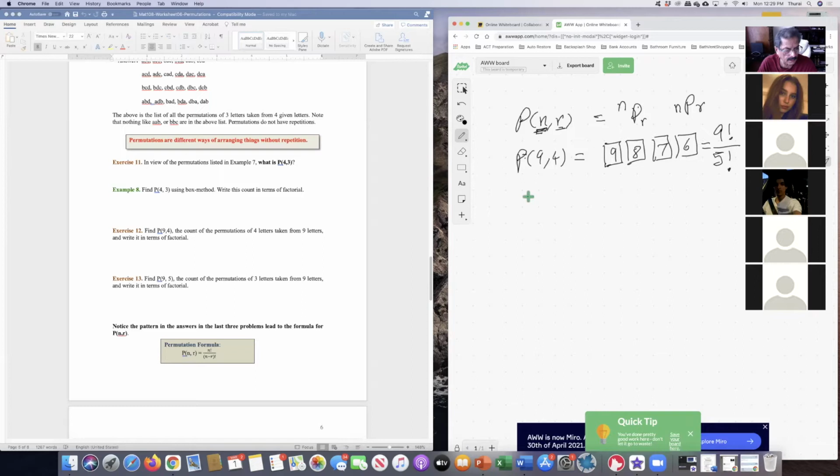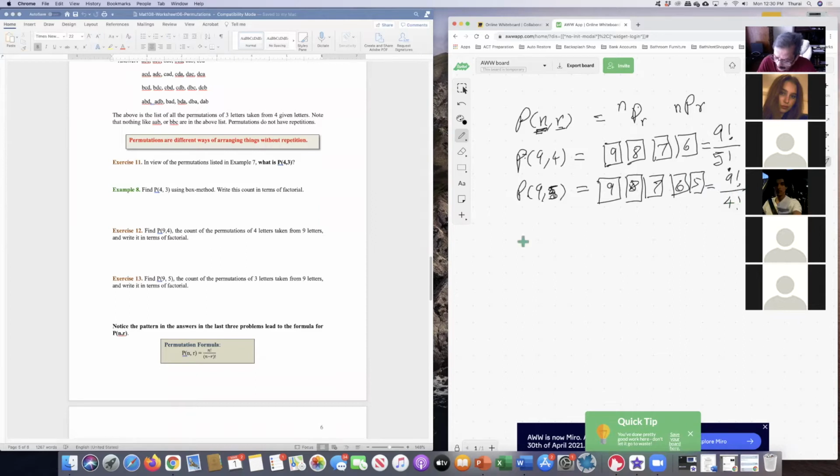Question 13 says find P95. So that means 5 objects are chosen and rearranged. That's the same as the number of ways of filling 5 boxes with 9 letters without repetition. So there'll be 9 times 8 times 7 times 6 times 5, and that's equal to factorial 9 over factorial 4.